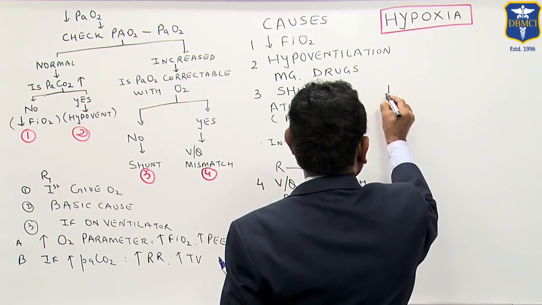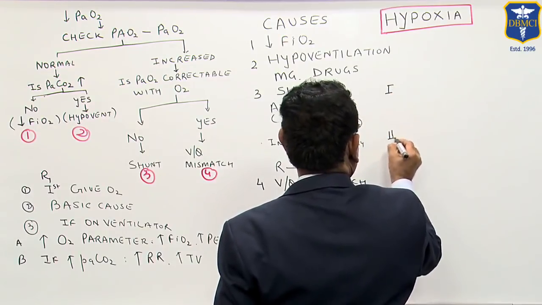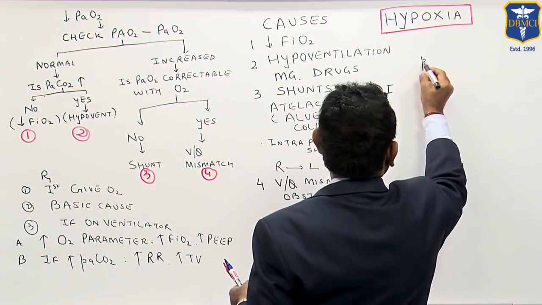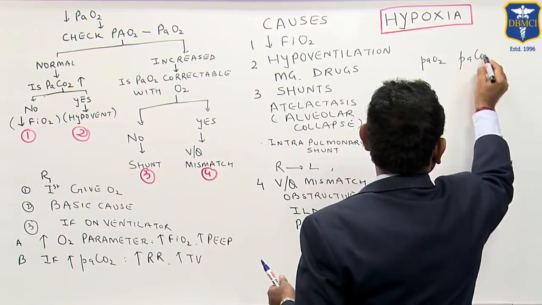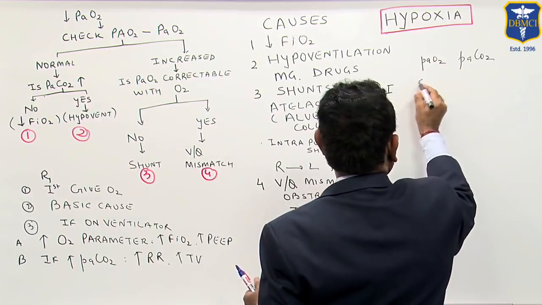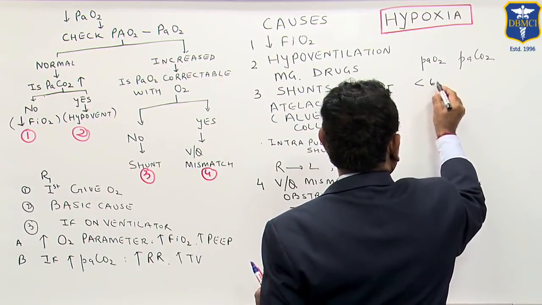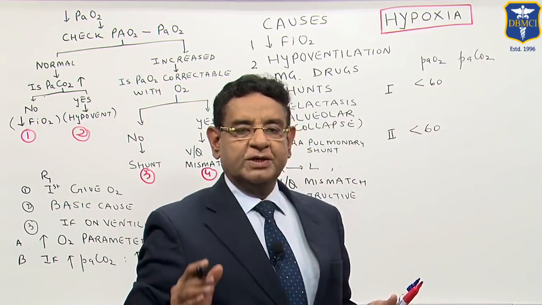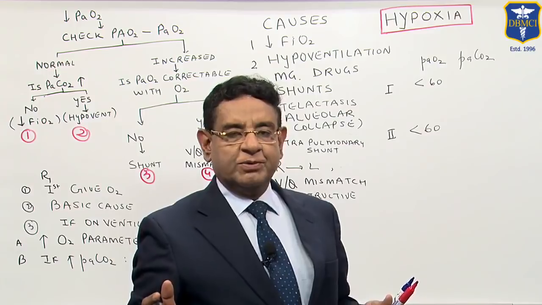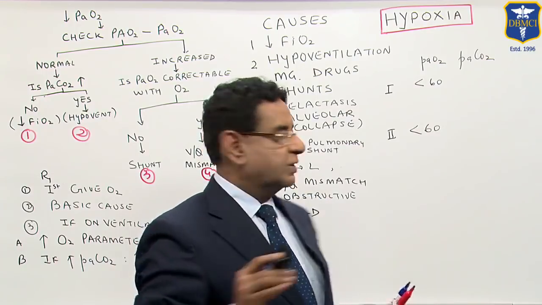Type 1 failure, type 2 failure, PaO2, PaCO2. It is below 60 millimeter of mercury. So in both type 1 and type 2, hypoxia is there.